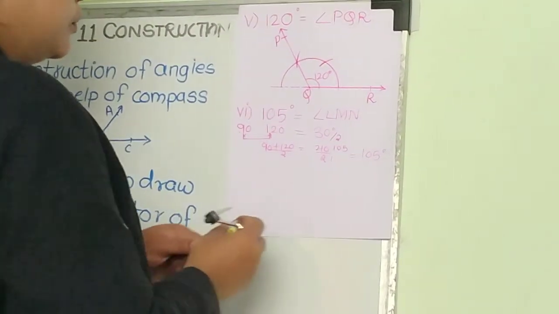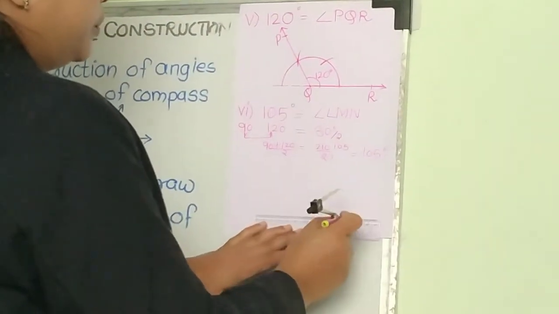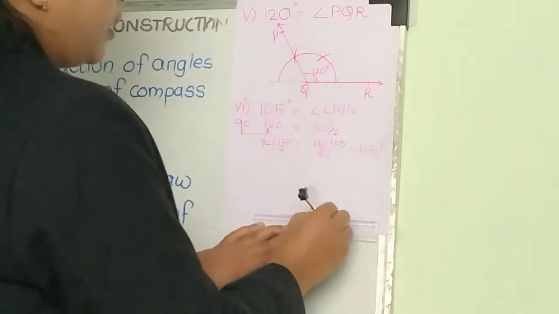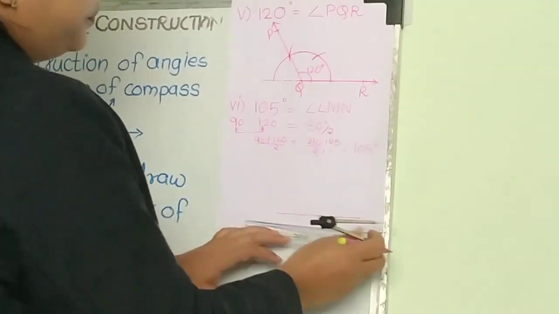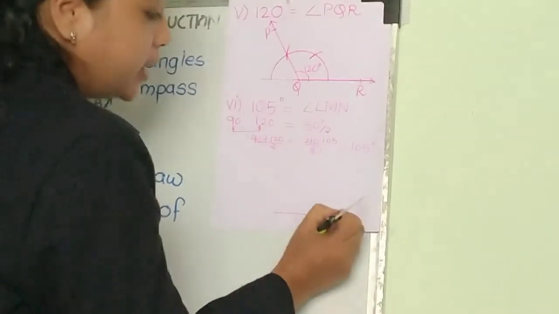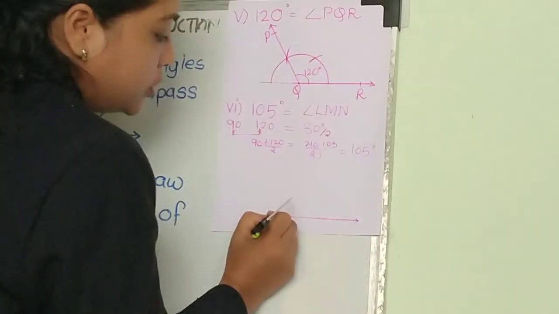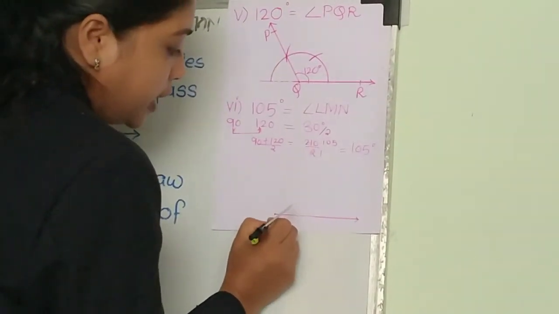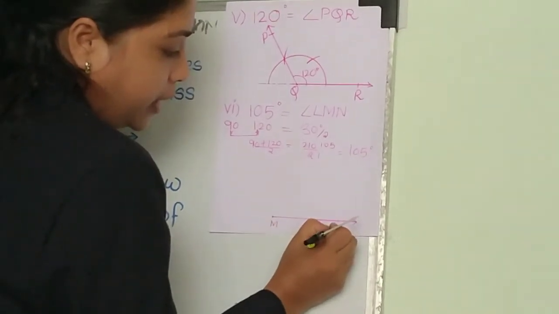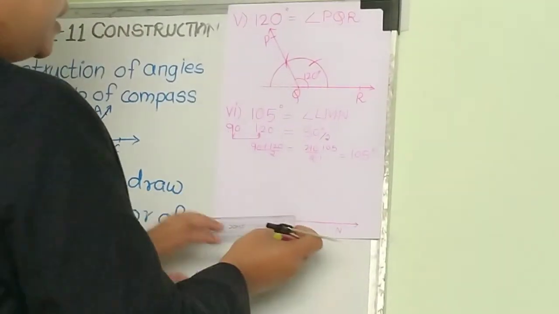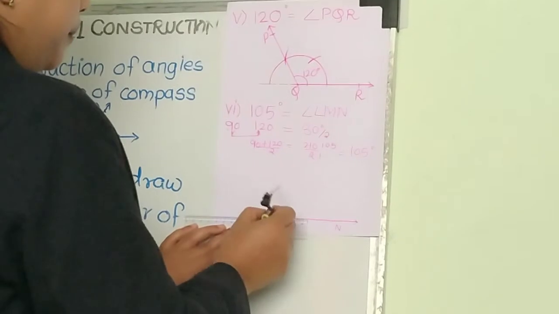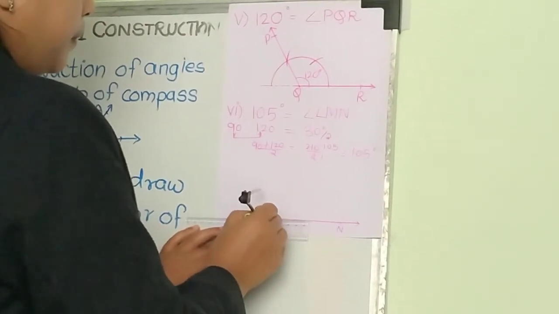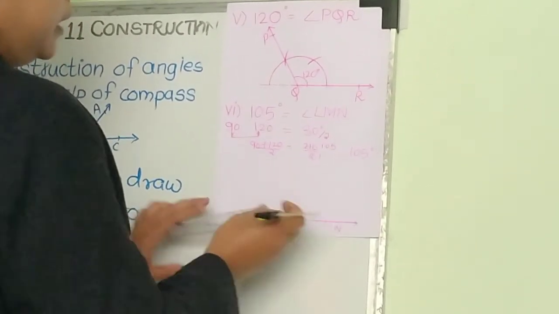So first we are going to draw the ray. Here I am taking the angle LMN. So first I will write the M and N names. Then we have to extend M. Correct?